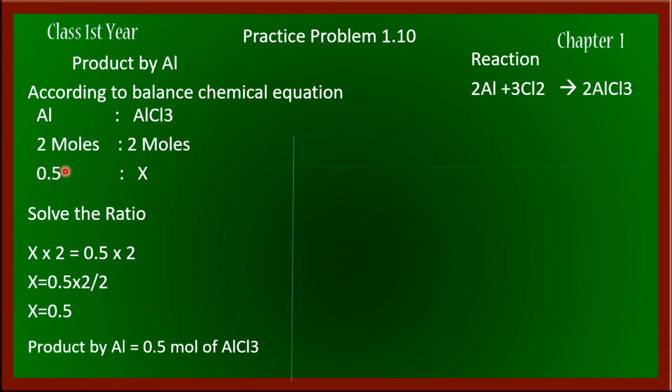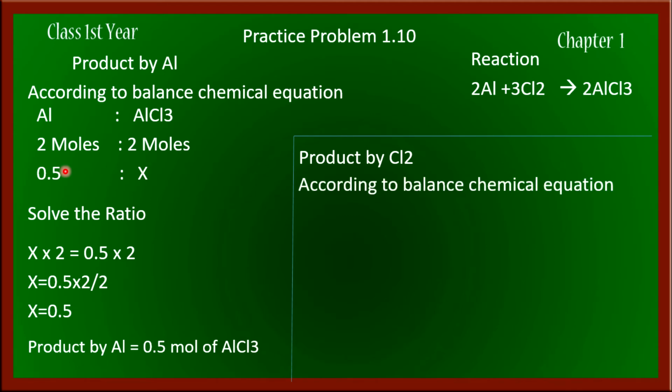Now let's calculate the product on the basis of chlorine. We will construct our ratio. As you can see in the balanced chemical equation, 3 moles of chlorine produces 2 moles of aluminum chloride.